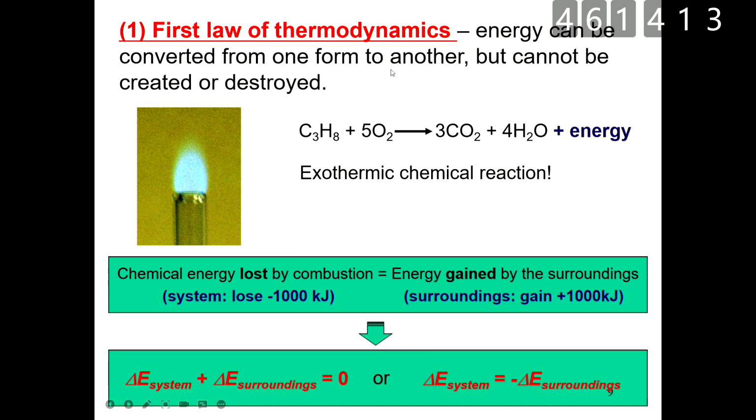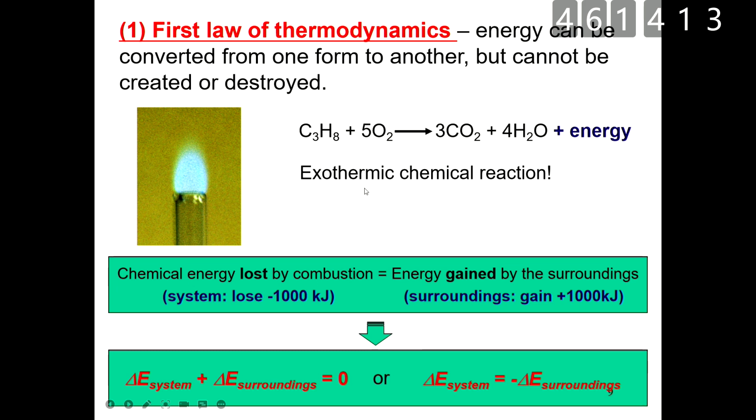Okay. So for example, after this reaction, it will release energy, right? It gives out heat. So the heat will be received by the environment. The heat will not just go away, but in fact it will be accepted by the environment. So this means the energy cannot be destroyed, right?